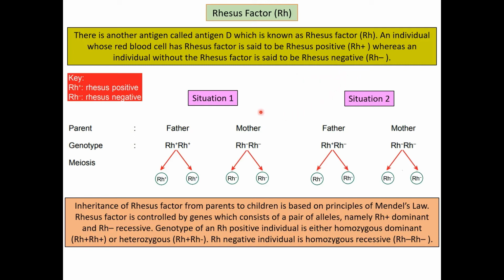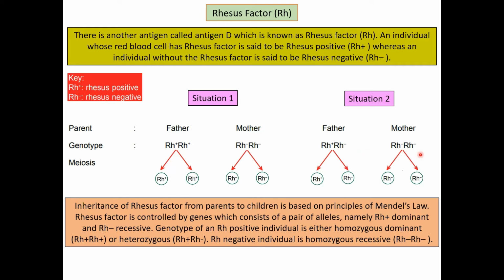Okay, we look at situation number 1 and situation number 2. Situation number 1, the father and the mother both are homozygous. The father is homozygous rhesus positive. The mother is homozygous rhesus negative. Situation number 2, the father is heterozygous rhesus positive.